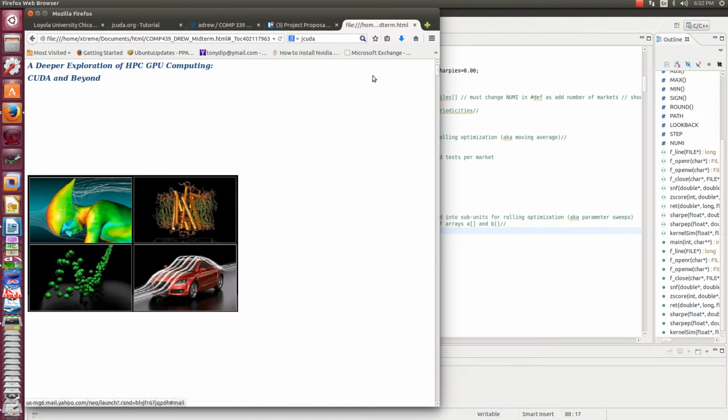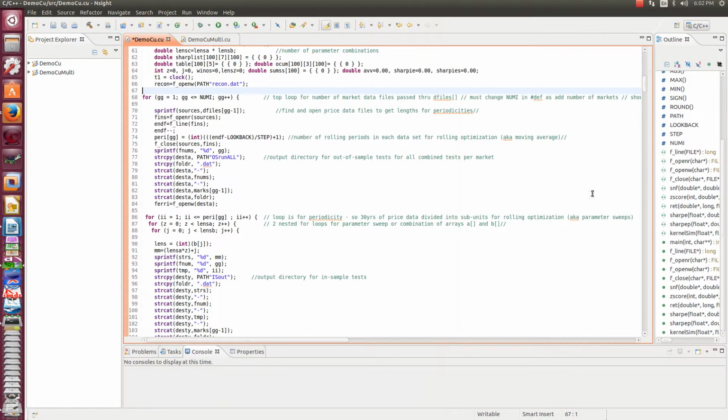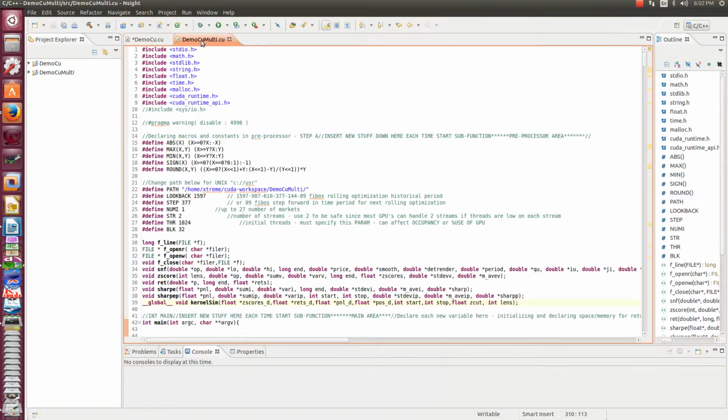So we could run this simple program on my own GPU. It's not the most powerful one, but we just run one market here. This is multi-streamed and multi-threaded and blocks. GPUs are divided into blocks and grids, and processing caches.